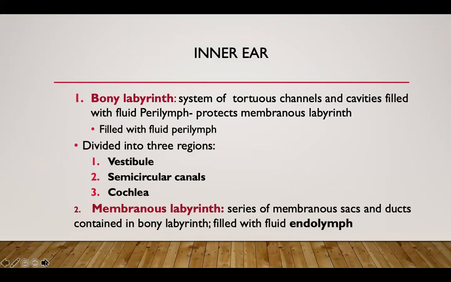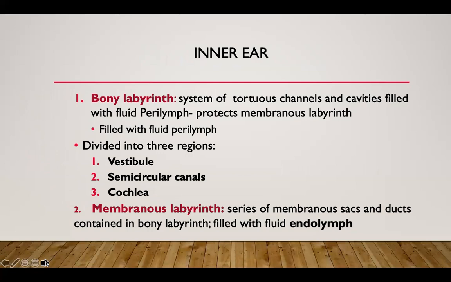I'm going to talk about the inner ear, and we'll continue talking about individual structures in part 2 of this PowerPoint. So quickly looking at the inner ear, you have the bony labyrinth, which is basically this structure. This is the protective shell, if you want to think about it.